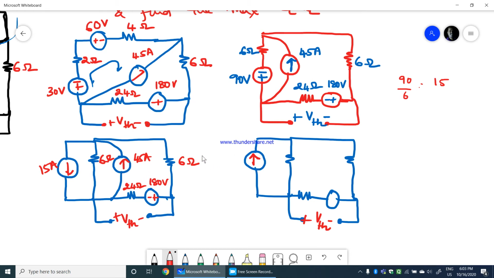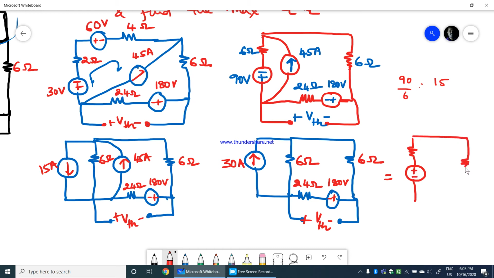45 minus 15, which is 30 amps, and this 6 ohms remains as it is, this 6 ohms, this is 180 volts, and this is 24 ohms. Now again, these both are in parallel and can be converted into a series network, where I get it in this way: 6 ohms, I have 24 ohms connected to a voltage source, then VTH should be found here.